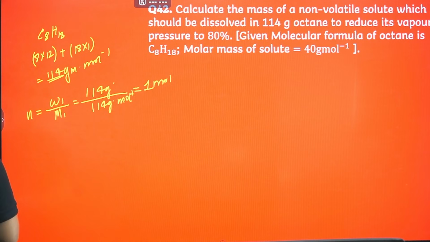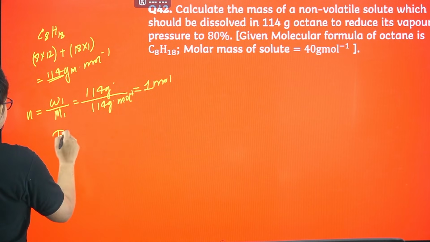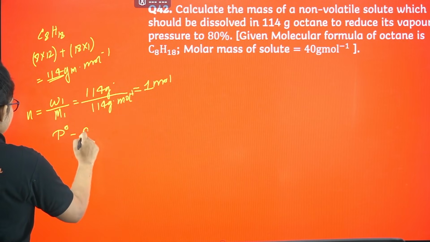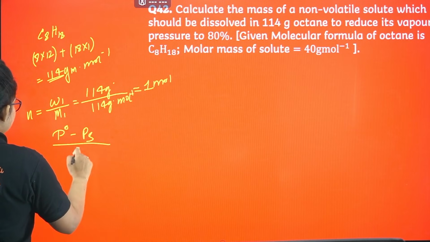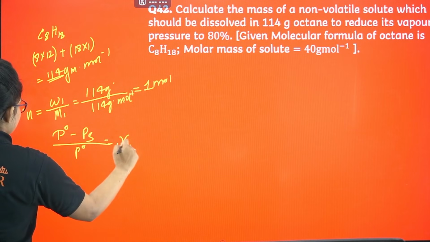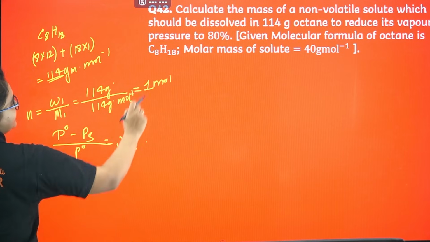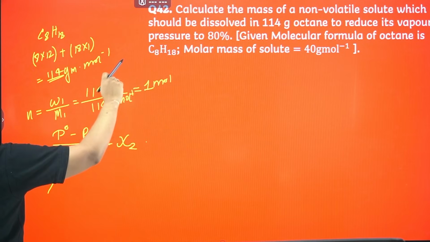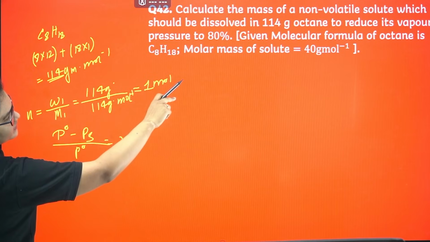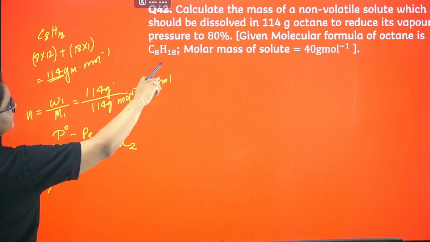So now what I have to do, I can apply the relative lowering of vapor pressure formula. PS by P naught is equal to the mole fraction, right? As you can see, they are saying 80%, that is 80% of the pure solvent. It reduces its vapor pressure to 80%.